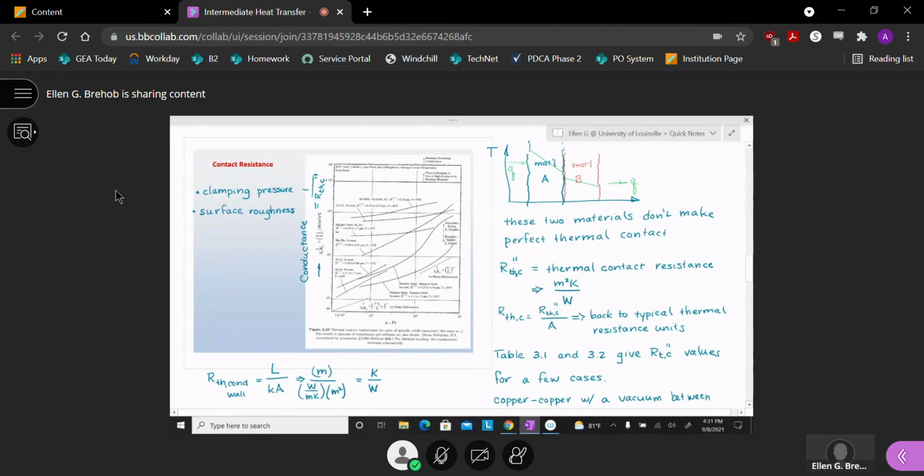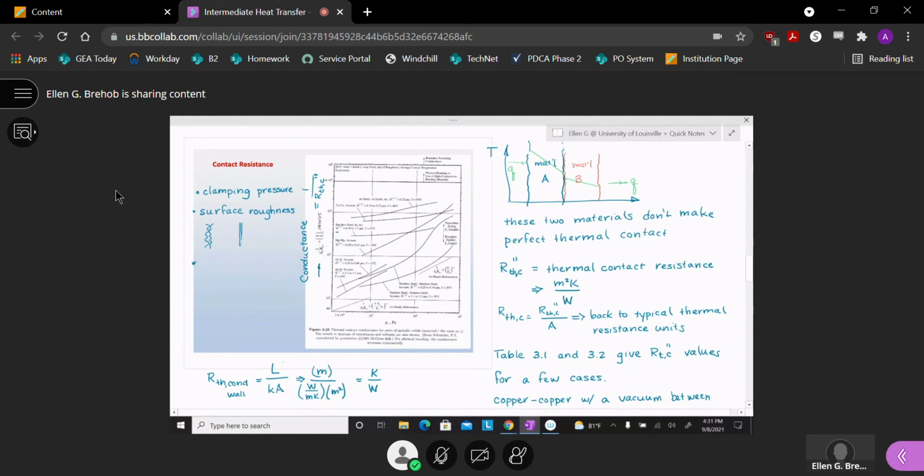You have to look through the data that's given, but I hope you can imagine that would be a factor that would have some importance. If I have big roughness elements and I put these 2 together versus I have pretty smooth surfaces and I put them together, sitting right next to each other, more surface roughness means I'm going to have a larger thermal resistance and smaller conductance.